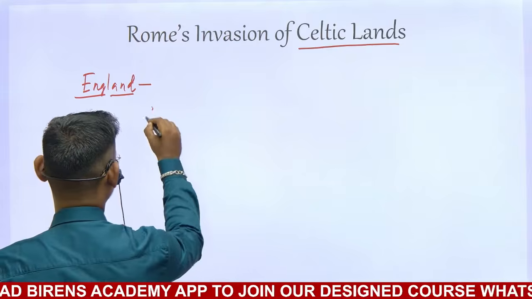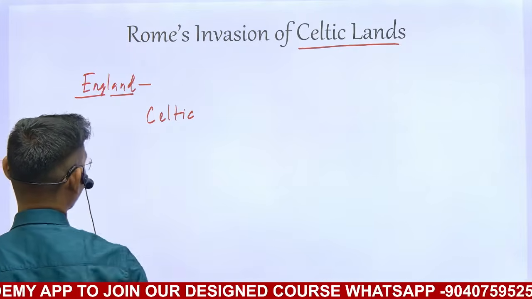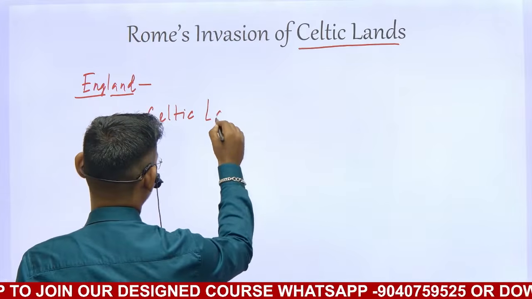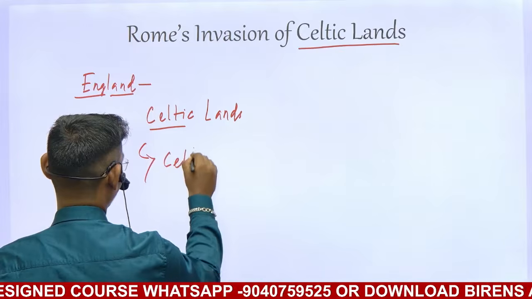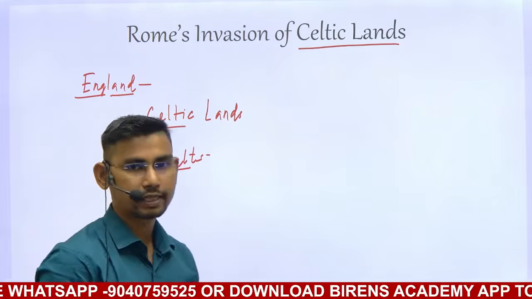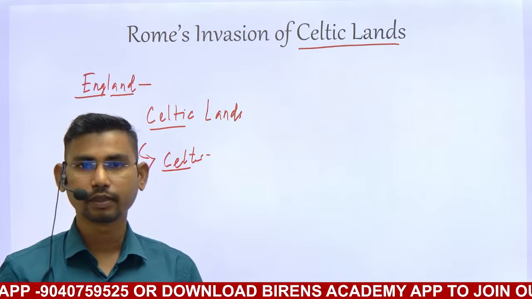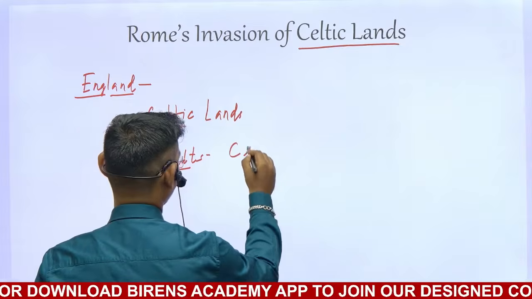So then the land England was known to be Celtic lands, because the people living there, the tribal people, used to be called Celts. And the language they used to speak was the Celtic language.